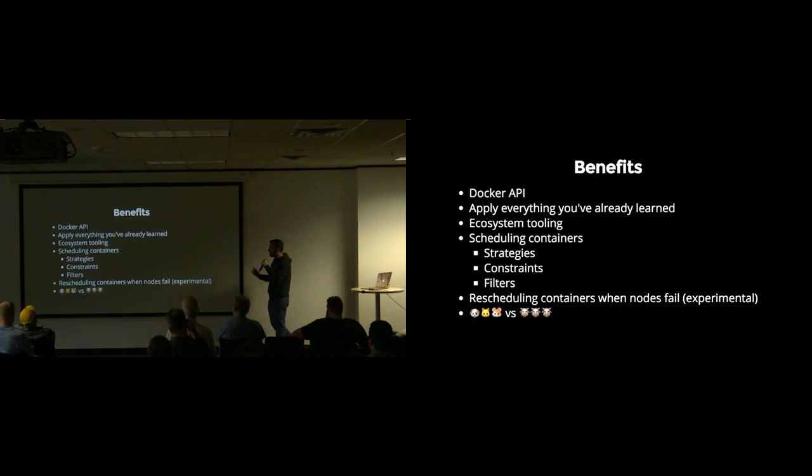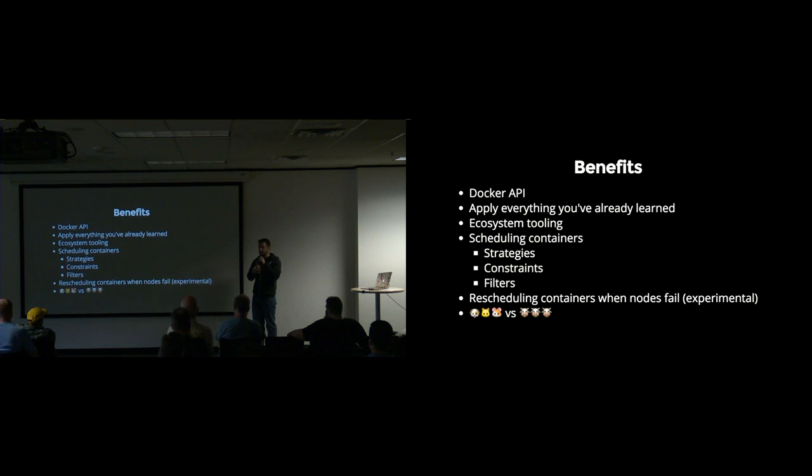So what are some of the benefits of actually working with Swarm? Okay, so Swarm just uses the native Docker API. So the differentiator, the difference, is there is no difference. It's just Docker. So everything that you've already learned, you can apply immediately to Swarm.